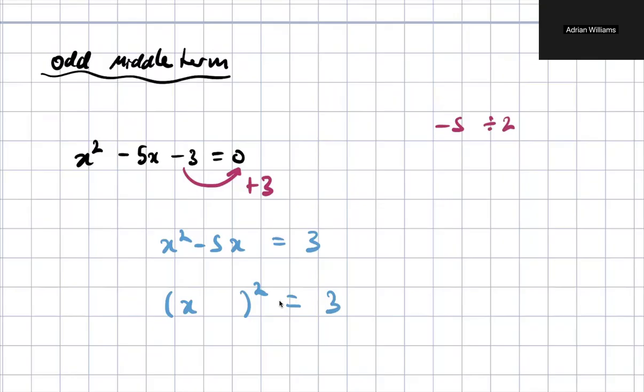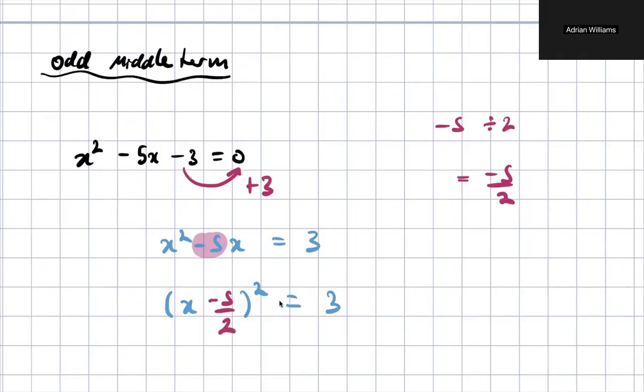Another way of writing that is as a fraction. So half of -5 is going to be -5 on 2.